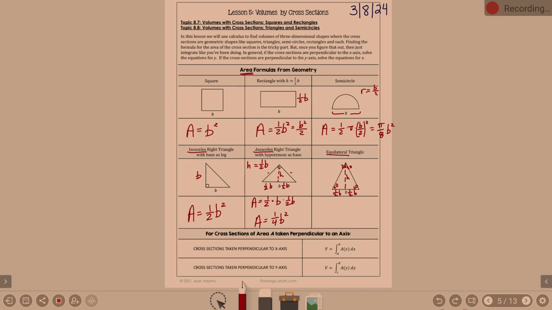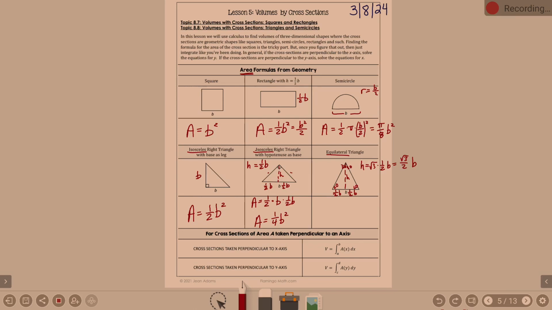So the last part that was missing there was the over 2. H is the long leg, right? It's the one that is opposite the 60. And so it's going to be square root of 3 times the short leg of 1/2 b, which is indeed square root of 3 over 2 times b.